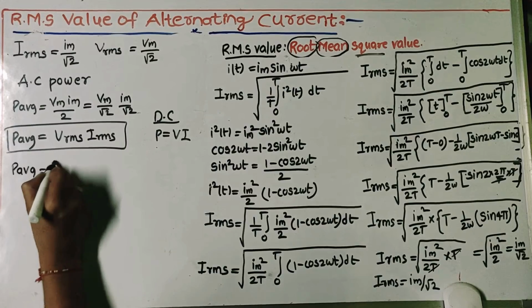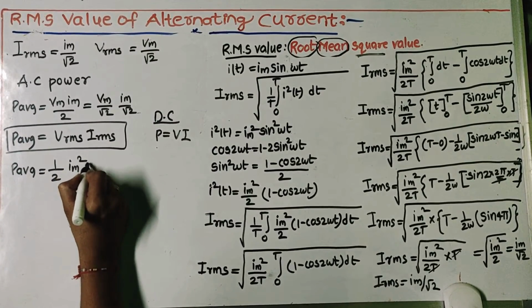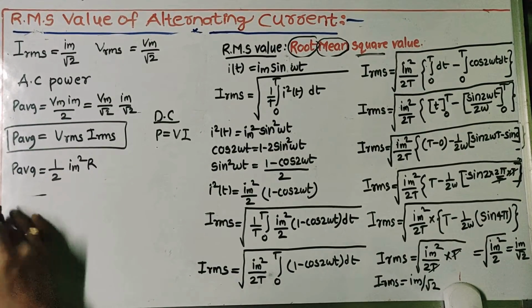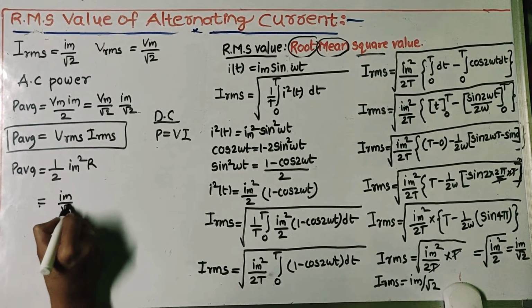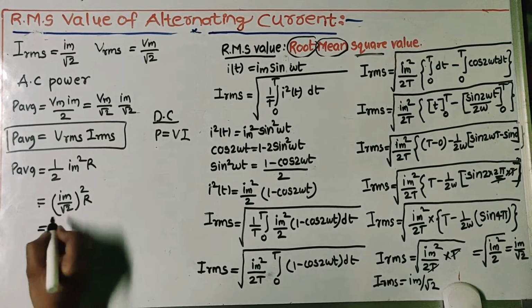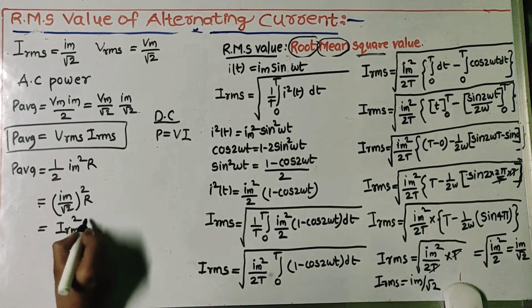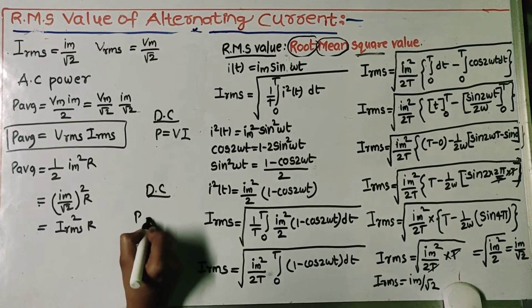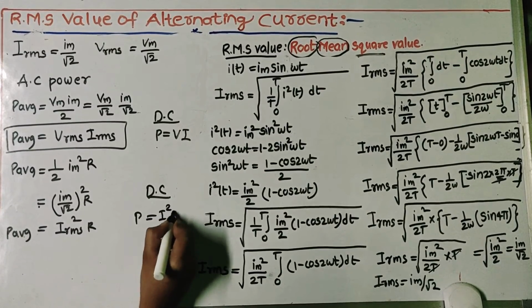P average equals half into Im square R. This can be written as Im by root 2 whole square into R, that is IRMS square into R. In case of DC, this formula is power equals I square into R.